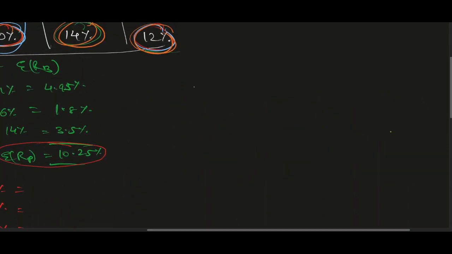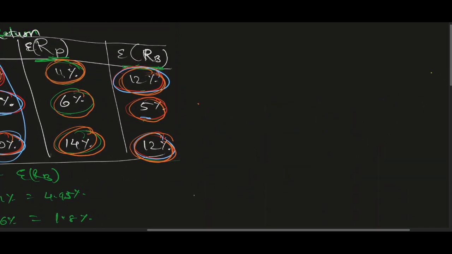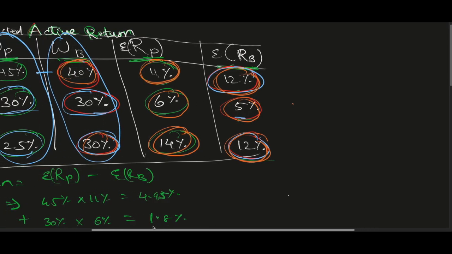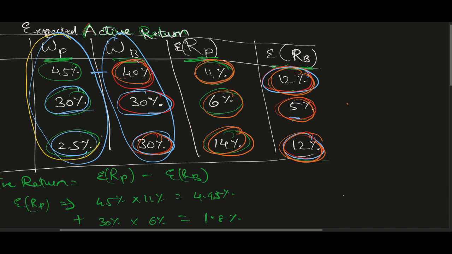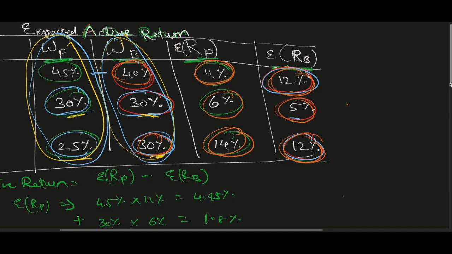The weight of the portfolio is here, this part now. Weight of the portfolio minus weight of the benchmark, these two. So 45% minus 40%, 30% minus 30%, 25% minus 30%.